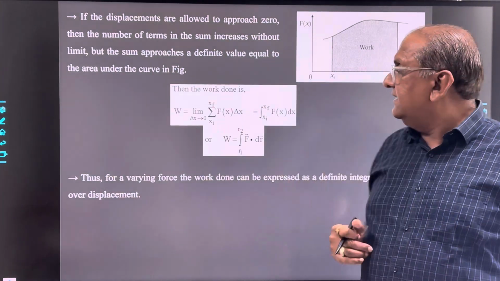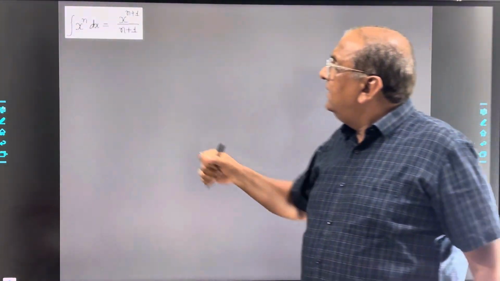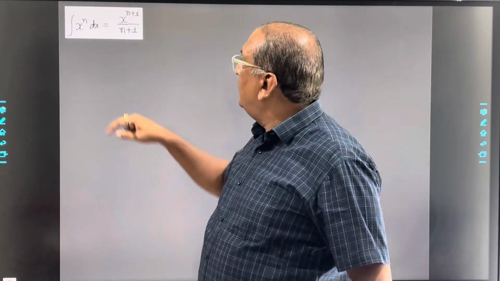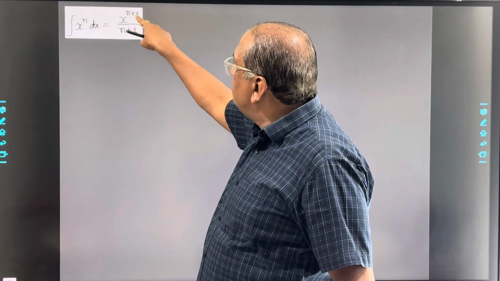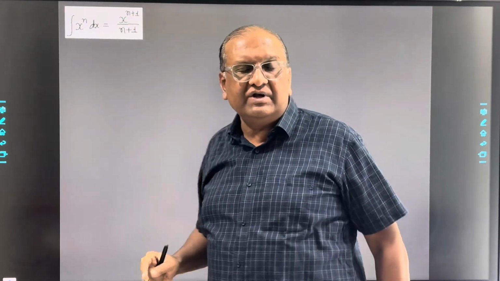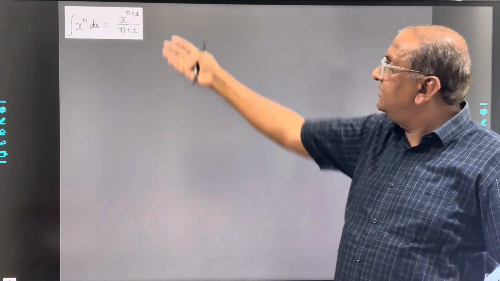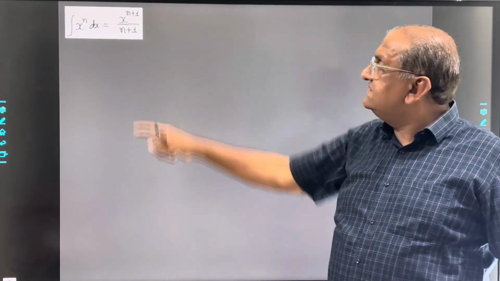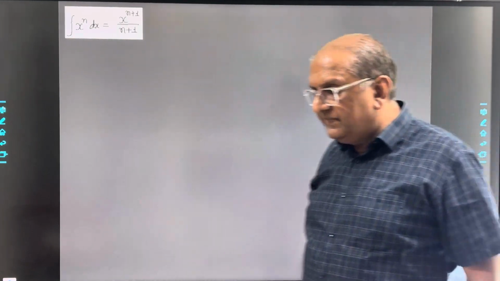Exactly like that here, integration of x raised to n dx, we have the formula that is equal to x raised to n plus 1 upon n plus 1. Clear? So this is the formula for integration.